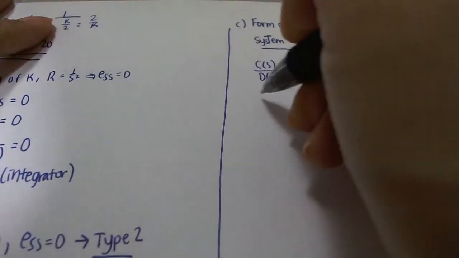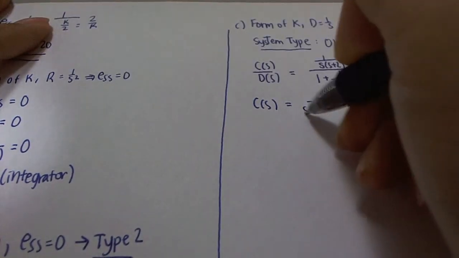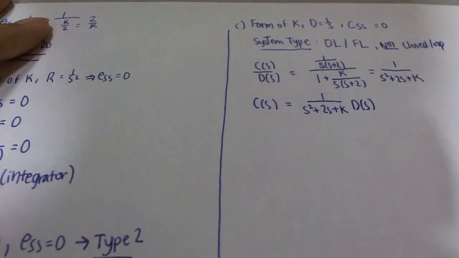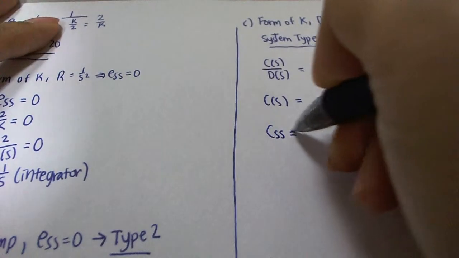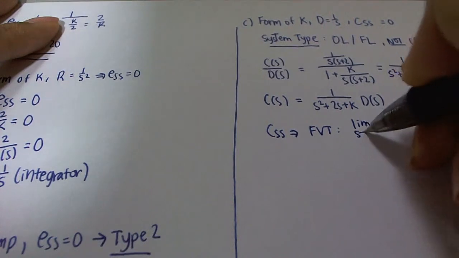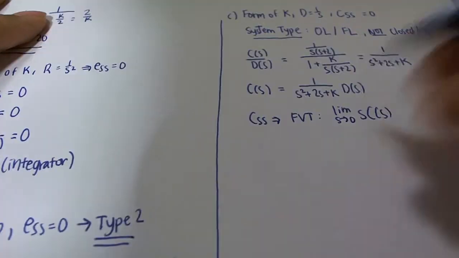And then we can find C(s) by bringing the disturbance input into the right-hand side. And of course, the steady state value can be found using final value theorem, which is equal to limit of sC(s) as s tends to 0.